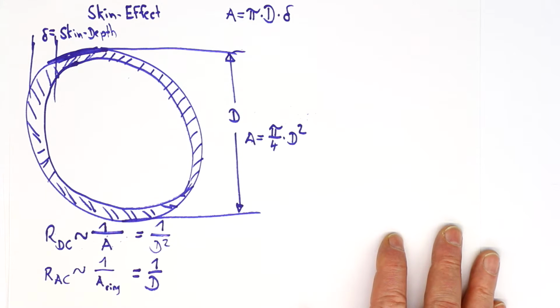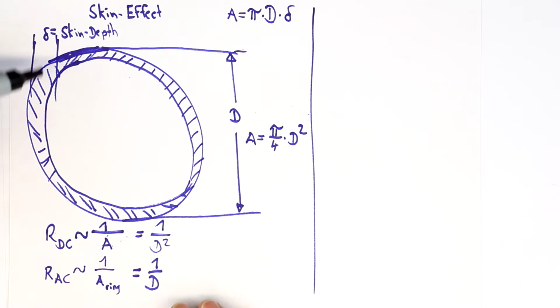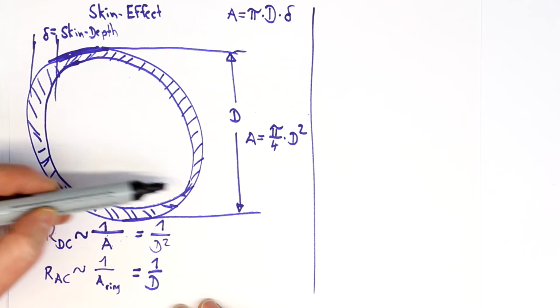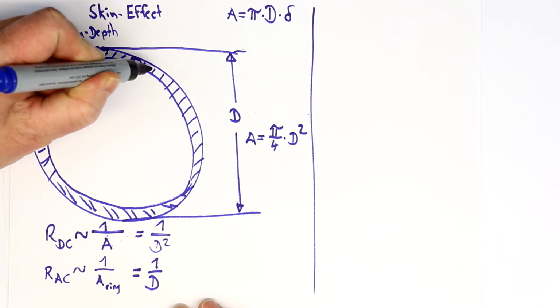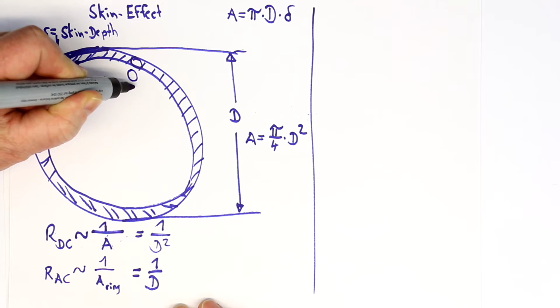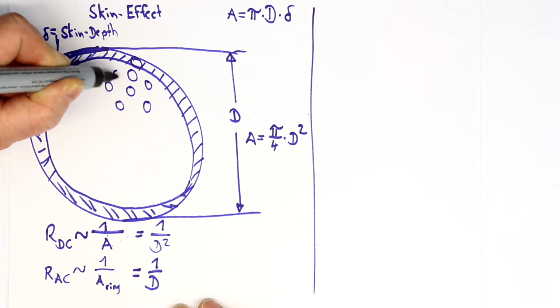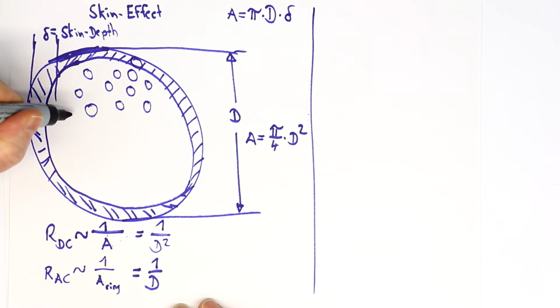But of course there is another way to counteract it. If we would divide our whole circular wire into very small single wires, which are all isolated against each other, and none of them is thicker than the skin depth, so it could even be as thick as double the skin depth.